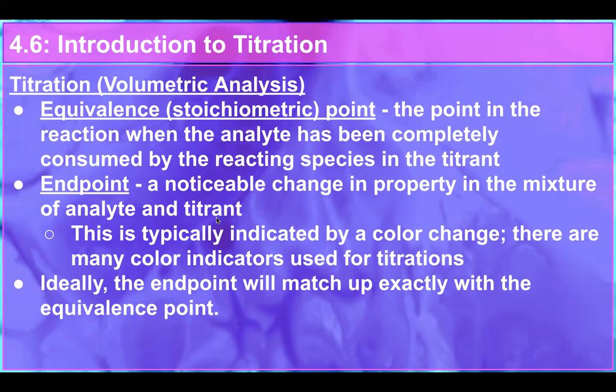So indicators are really good at showing certain ranges of pH, and ones that actually change color around the same time that the equivalence point is reached are going to be our ideal indicators to show the endpoint that occurs right around where the equivalence point occurs.